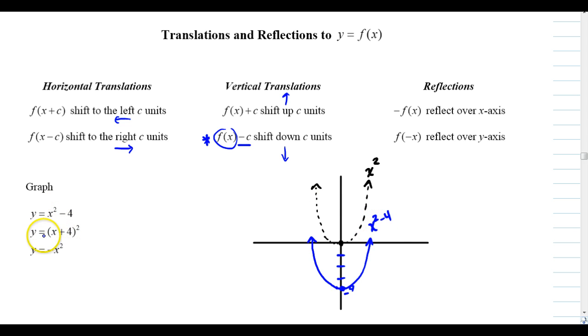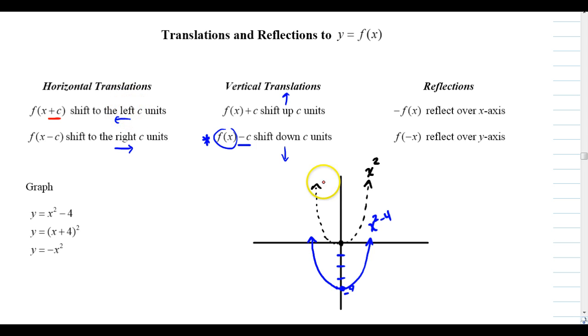Now the second thing we're told to graph is (x plus 4) quantity squared. It still has a parent function of x squared, so that's still the graph we're working with, this black dotted graph of x squared. But now you'll notice that we're adding to the x value. So we're adding 4 to x, meaning it's a horizontal translation to the left c units.